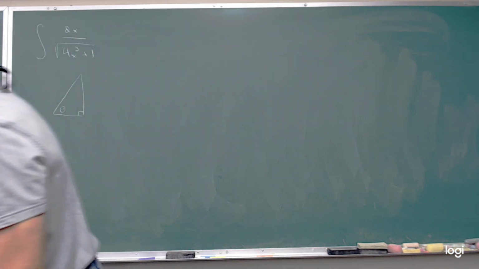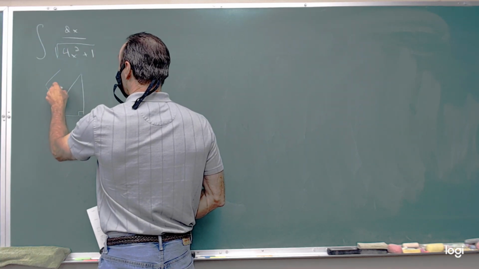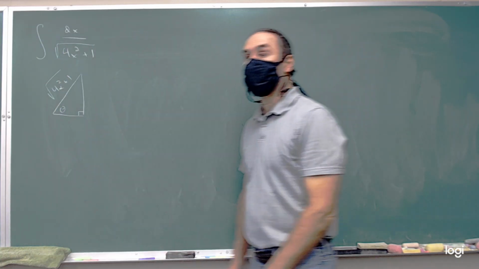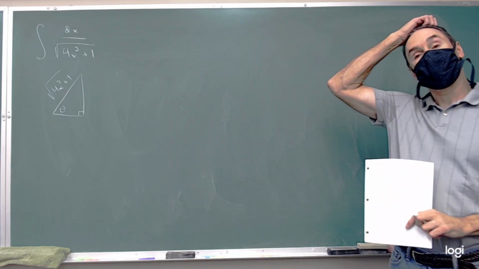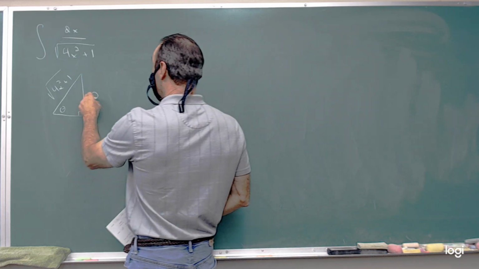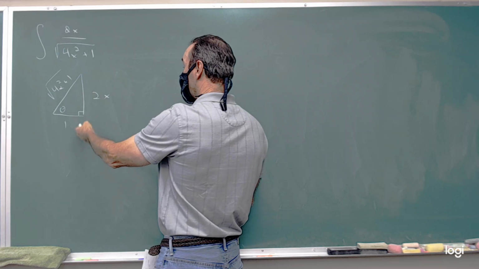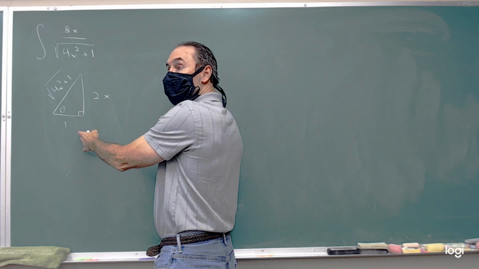The whole radical. Yeah, good, exactly. And the other two sides, one of them is going to be, and you want to go with the 2x here. Yeah, I think that's a good choice, because then what connects our x with the constant is a tangent.